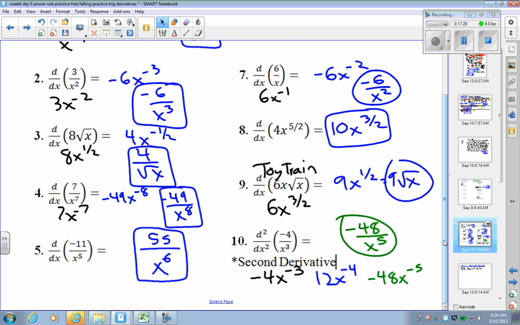But I took the second derivative right off of that blue, so I went from black to blue to green, and then I pulled down that exponent because I'm finally done. I completed it. Okay? So that's some practice on toy trains.